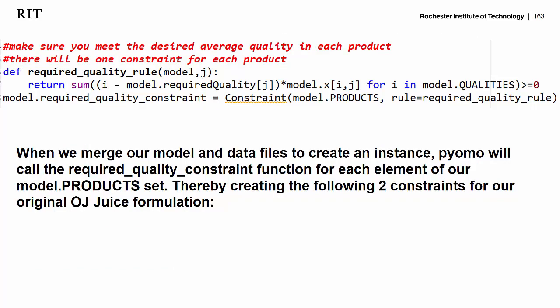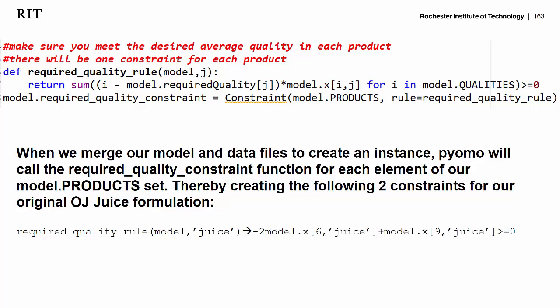So for example, if we had our original OJ formulation with bags and juice, in the background, Pyomo is going to call the requiredQuality rule, and it's going to pass it a model, basically our model, and juice, and it will create our constraint that was related to juice.